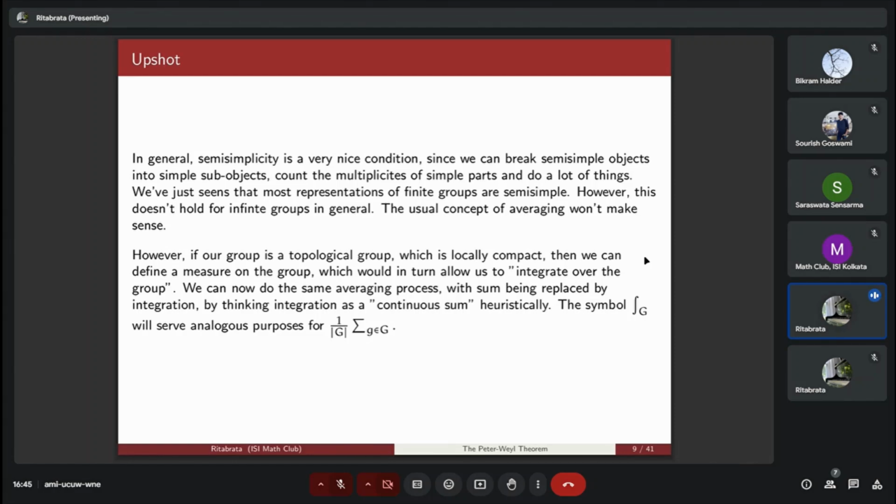The proof is interesting, but it will not serve any purpose for this talk. So I'm omitting it. I'll just state the properties of the measure. We call this a Haar measure. And in particular, all finite groups are compact in an obvious way. And basically in the finite case, the measure just becomes the counting measure, and this average becomes the integral.